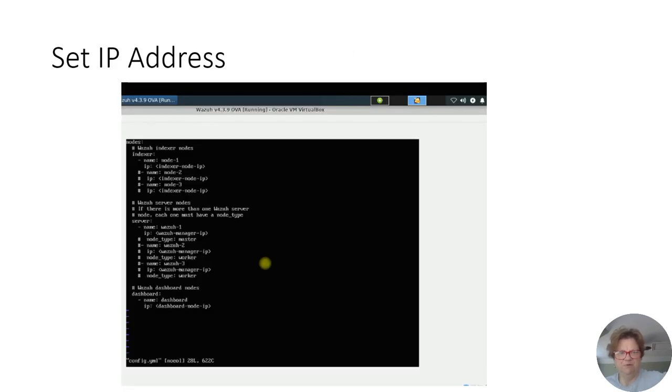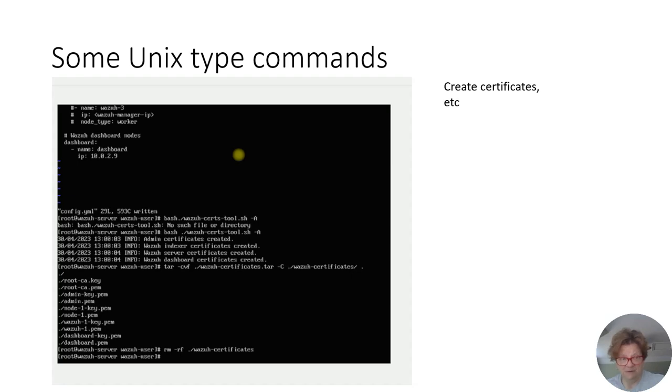For setting it up, you have to set up the server and then attach it to Windows to have it authenticate with the Windows so that you can monitor the Windows password failures. And you need some Unix type commands to get it up and running.